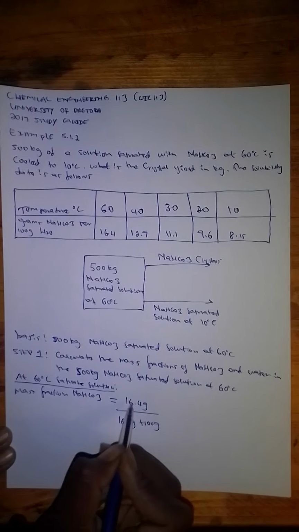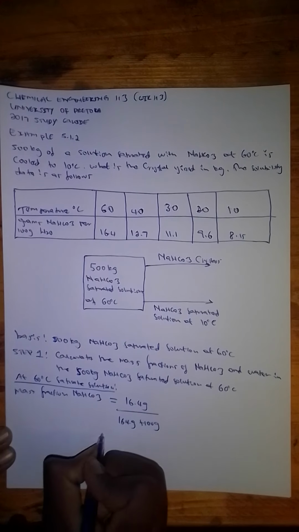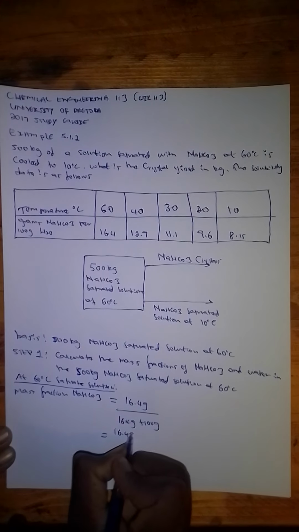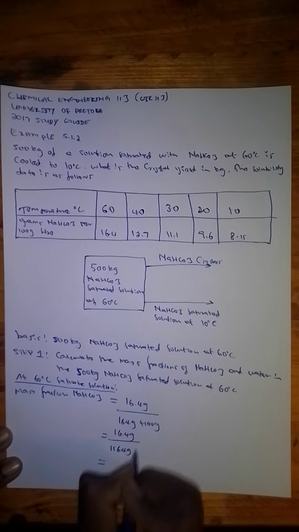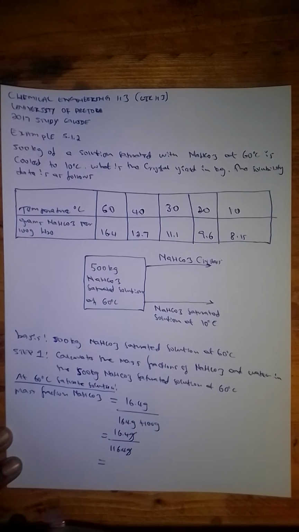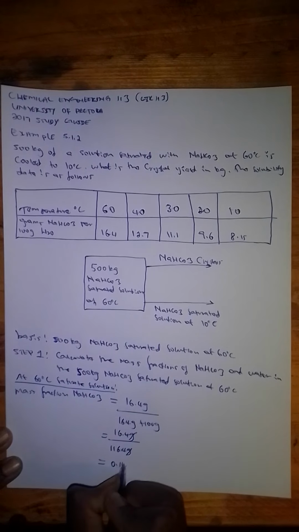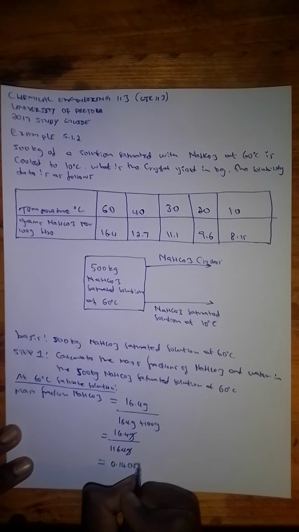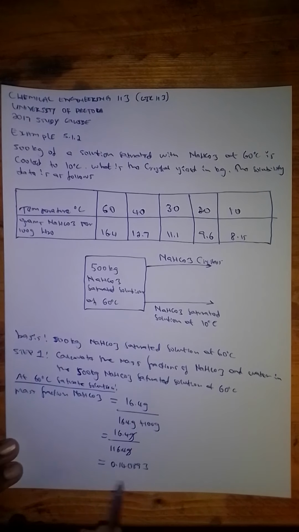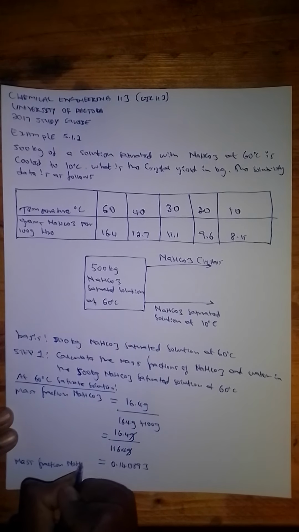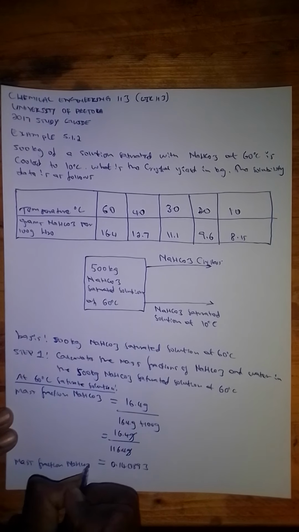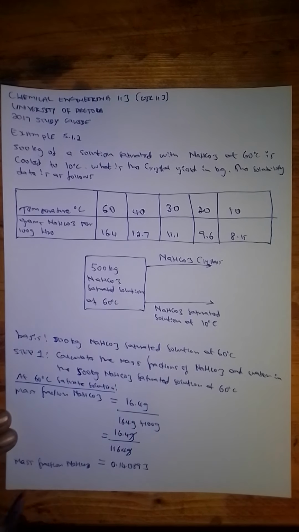So it's 16.4 grams over the total, which is 116.4 grams. The grams fall off, and if you use a calculator, it gives you 0.14089. That is the mass fraction of NaHCO3 at 60 degrees Celsius.